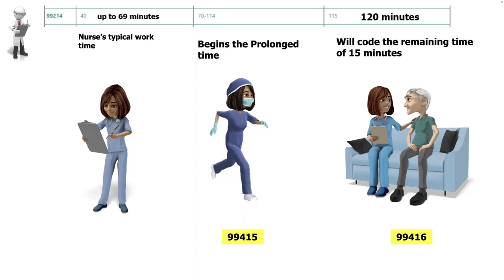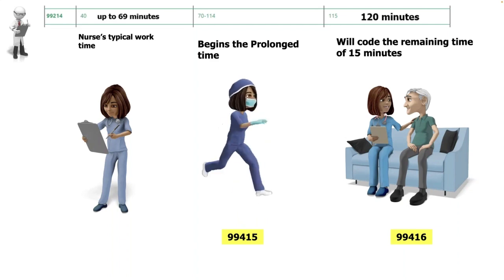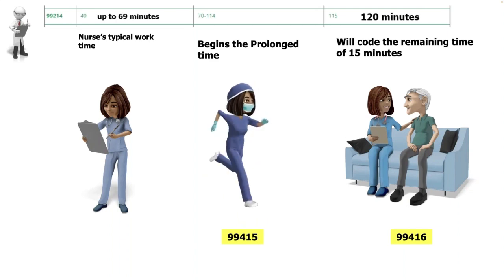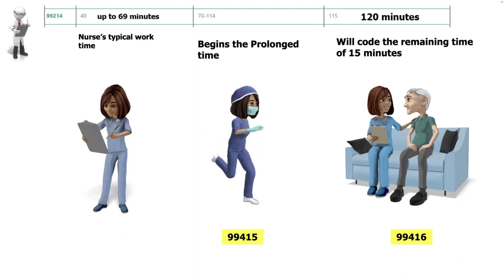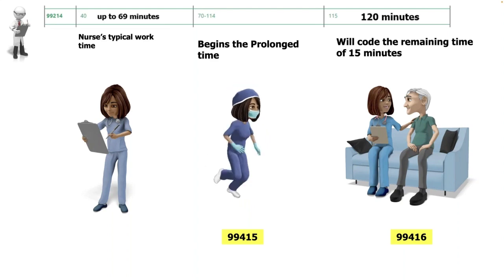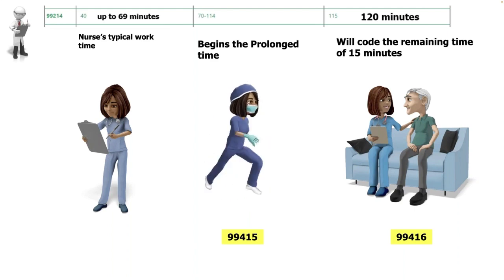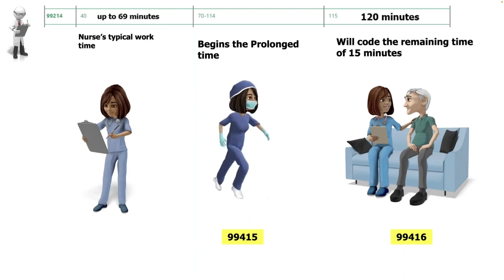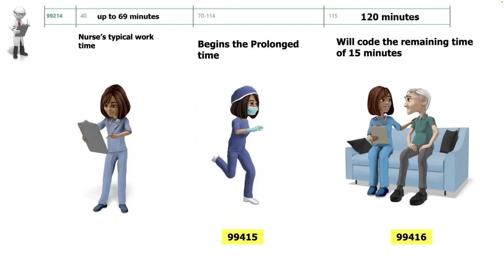So in our case, she is claiming 120 minutes. So that means that we have 5 minutes remaining and we cannot code anything more. We can't use another unit of 99416 unless it's 15 minutes. It has to at least be 15 minutes.